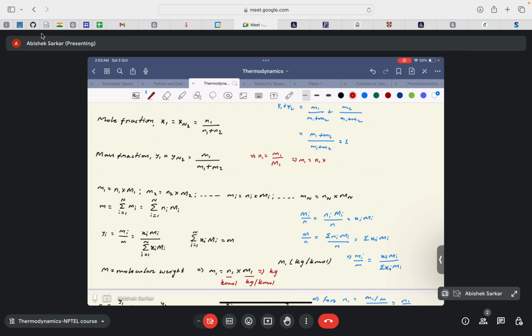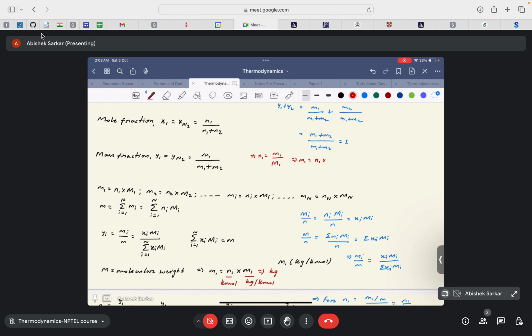Similarly, m over n is equal to the summation of ni into Mi over n, or the summation of xi into Mi, because ni by n gives you xi. So mi over m, which is equal to yi, gives the numerator as xi Mi and the denominator as the summation of xi into Mi.